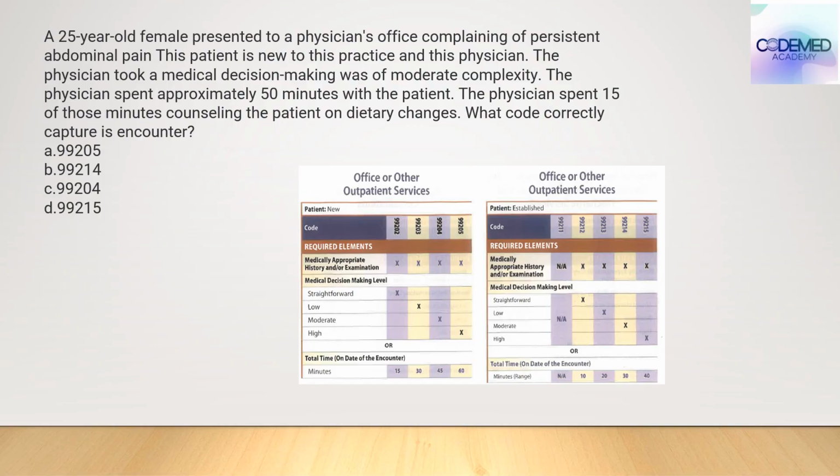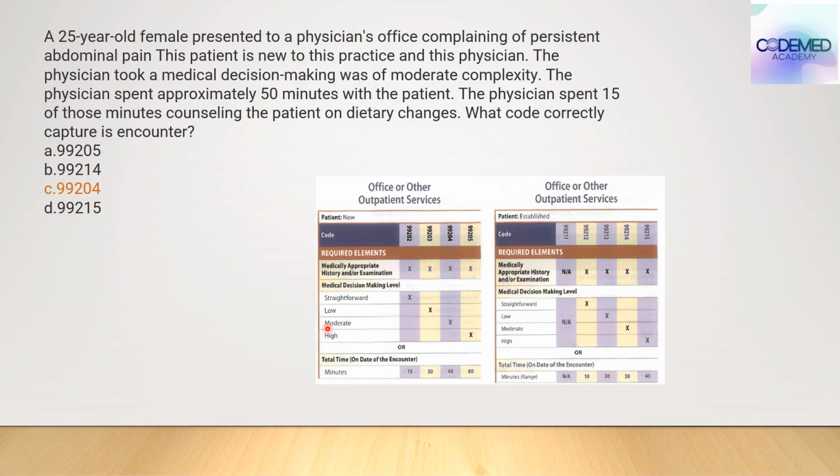Yes, the correct answer will be 99204, because it is a moderate complexity, a new patient, and the time limit is 45 minutes, so it should either meet or exceed that time, and that's why we have chosen code 204. 214 and 215 are for an established patient, and 205 talks about 60 minutes and higher complexity, so we cannot take that code. So 204 is the right answer.